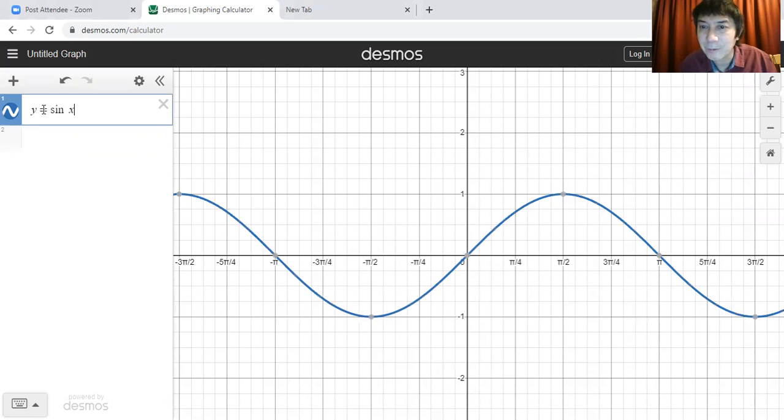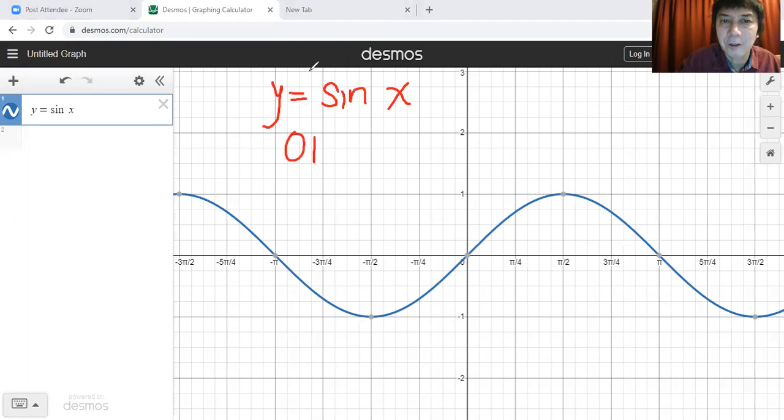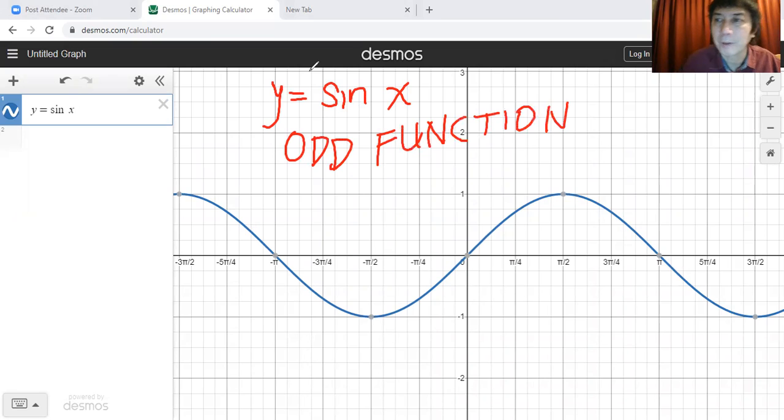Now, the sine function is an odd function. And this is symmetric with the origin. How do you show that it is symmetric with the origin?